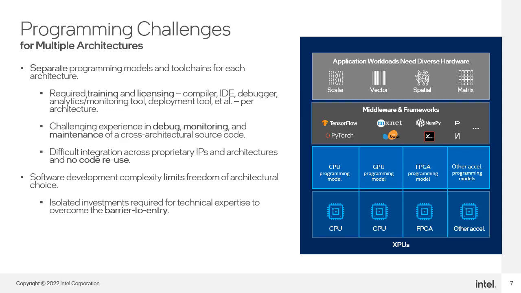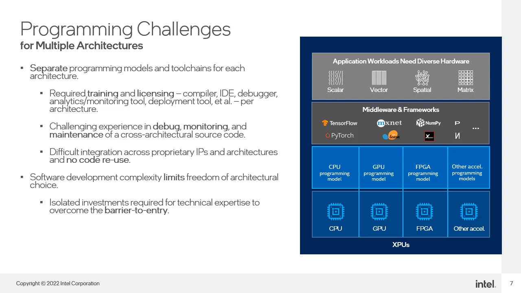The challenges don't stop with licenses, but extend to even debugging, monitoring, and maintenance of your cross-architectural source code. Some of these toolchains can also pose difficulty in integration across proprietary IPs and architectures. Plus, there is no code reuse. You prepare code per architecture you are targeting.